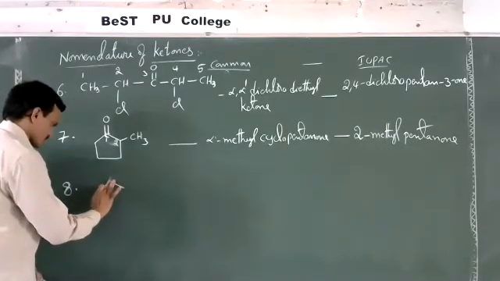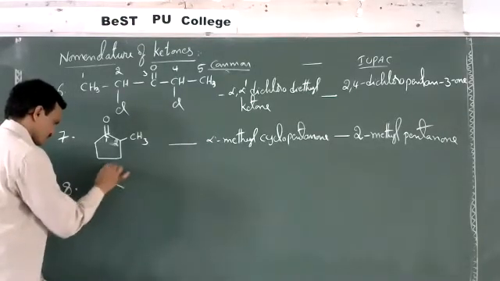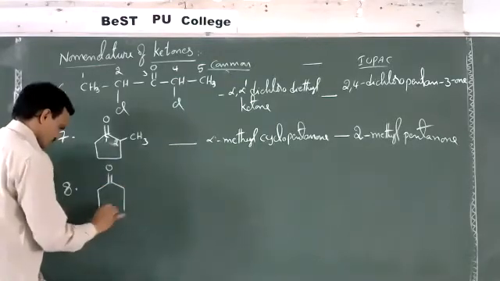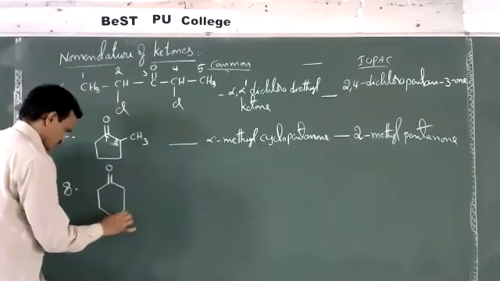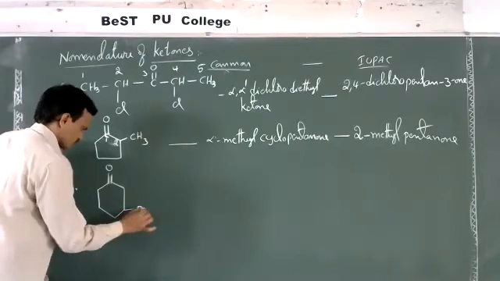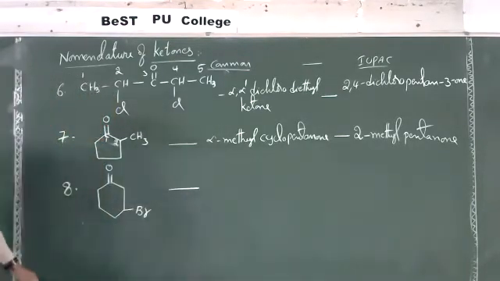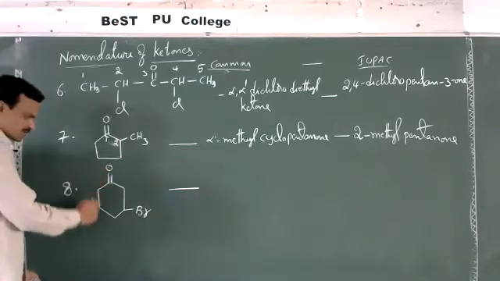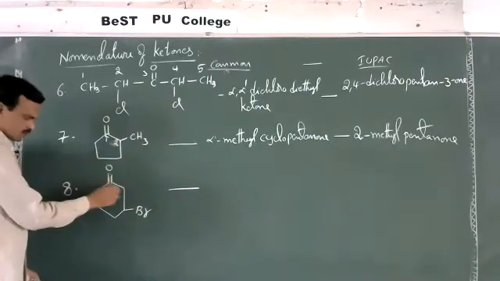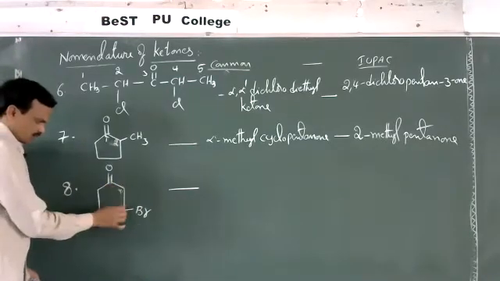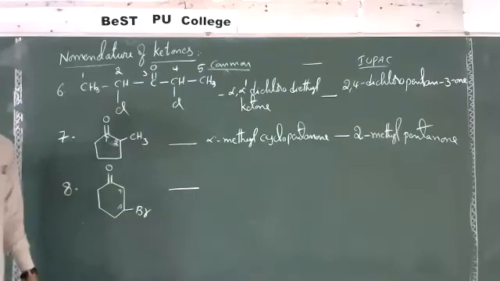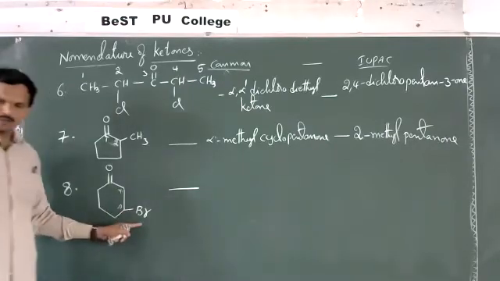Let us see one more example. Right. Now see what is the name of this compound. So this is nothing but a cyclohexanone. This is alpha carbon. This is beta carbon. At beta carbon, bromine is there.